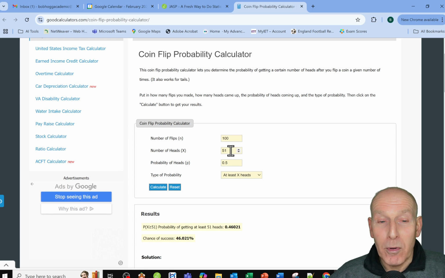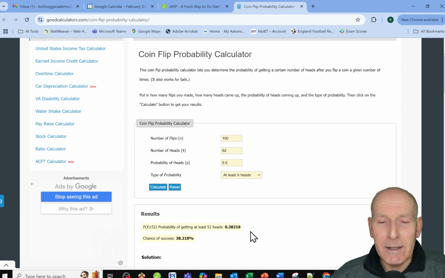Now would you be surprised at 50 heads, 51 heads, or shall we say 49 heads, which would be the equivalent on the other side, in other words 51 tails? I suspect you wouldn't be too surprised at that, just because we're flipping the coin 100 times and we have this chance variation which I showed you in that first diagram. But what about 52?